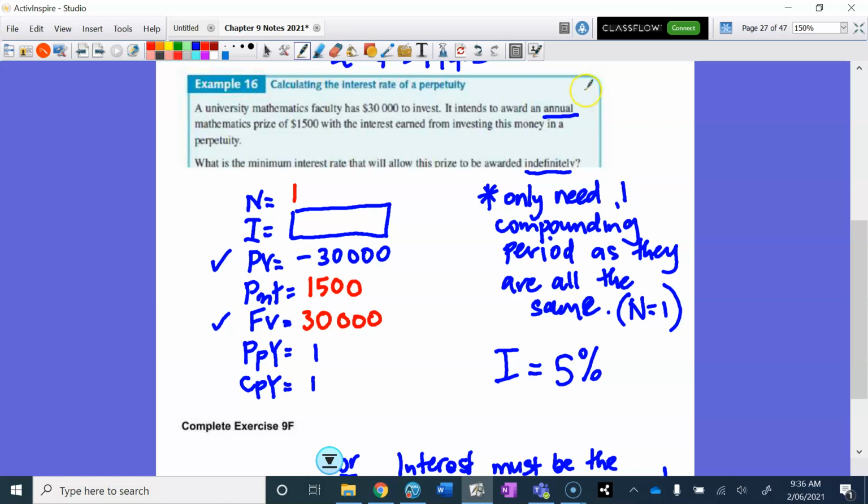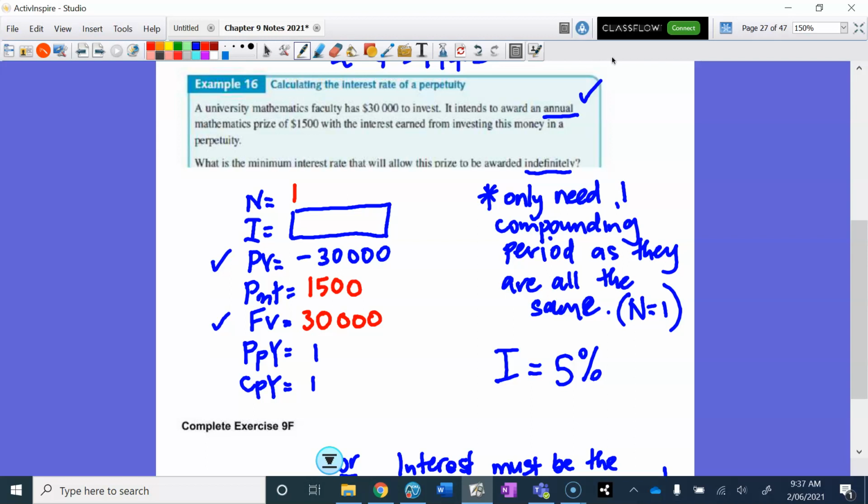The word annual up here tells us that PPY and CPY only need to be 1. It's just one calculation at the end of the year. But it's probably the 30,000 FV and the negative 30,000 PV that's going to bother you if you're using the solver. If you do that and use the solver, you will get an interest rate of 5%.